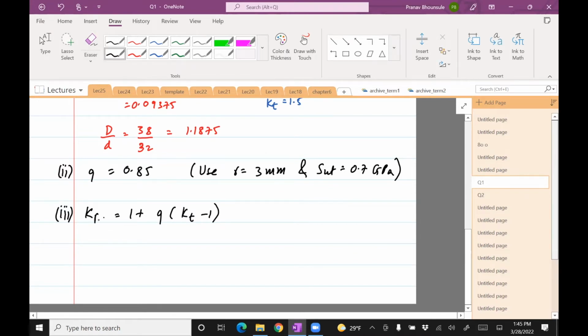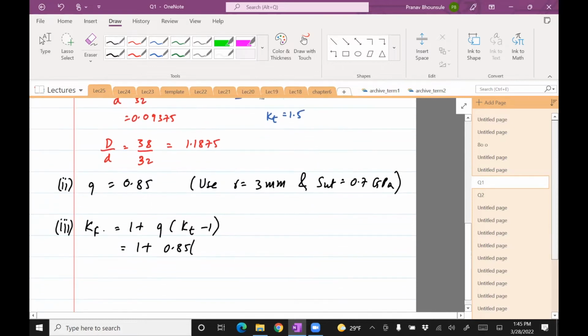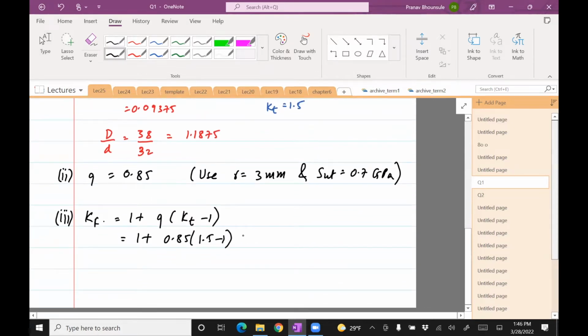This should be KF. 1 plus Q, which is 0.85, times KT, which is 1.5, minus 1. So that is 1.425.